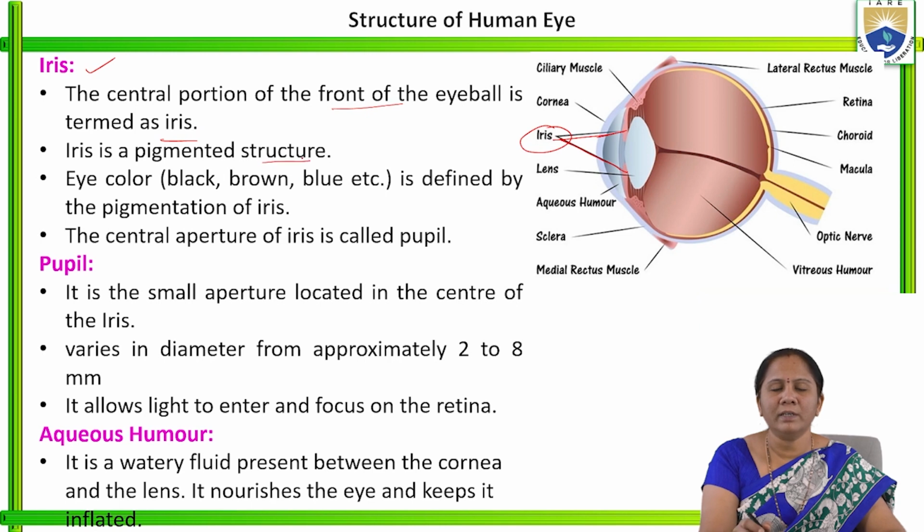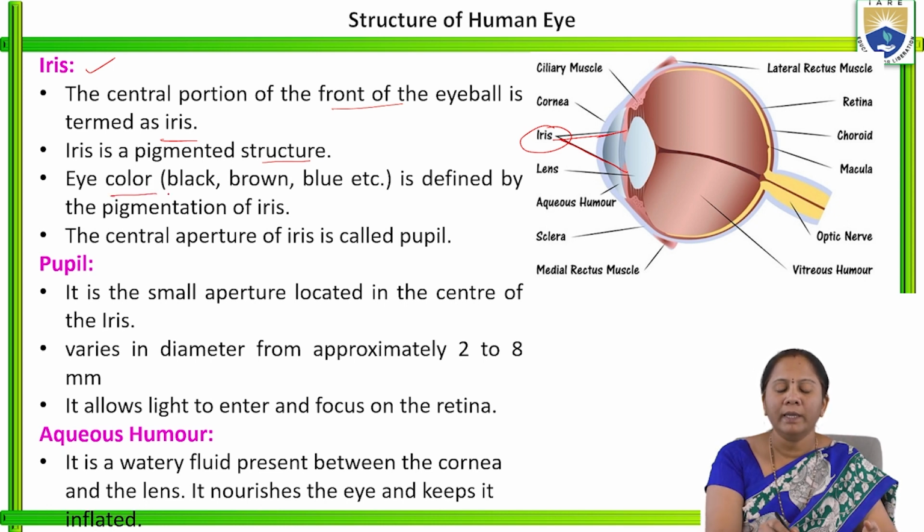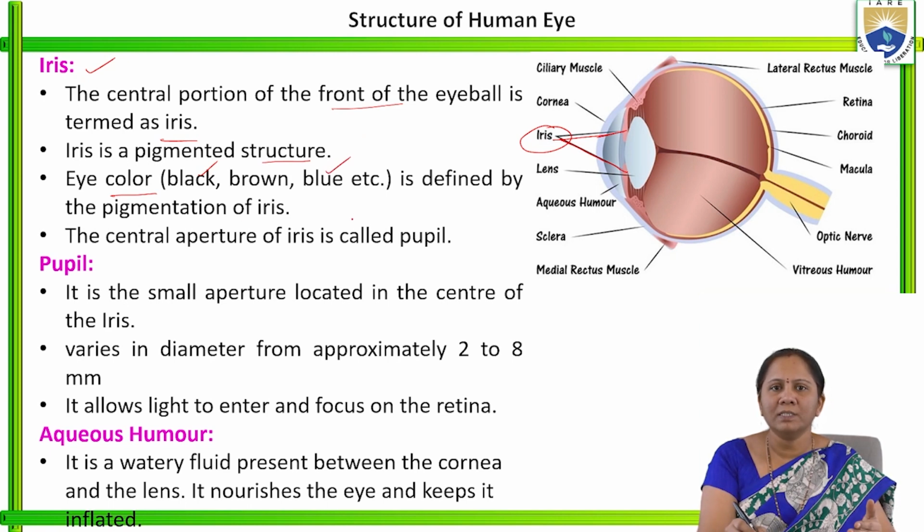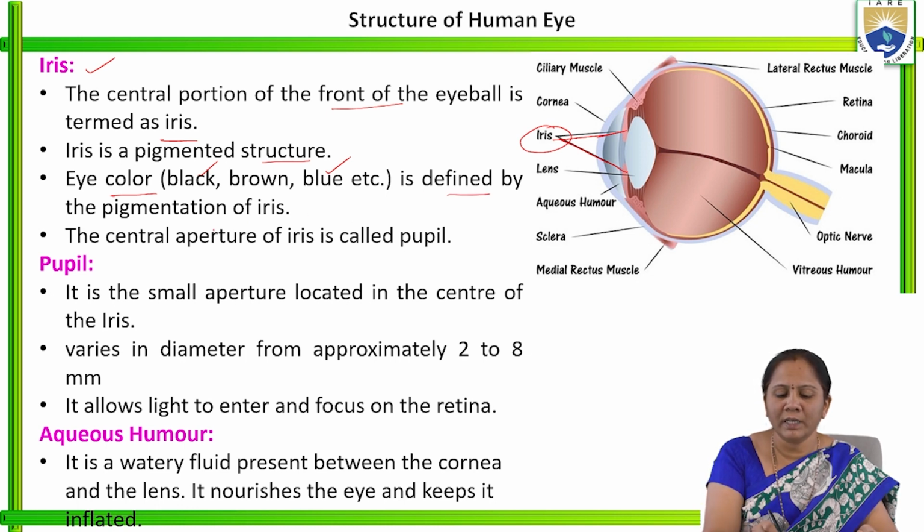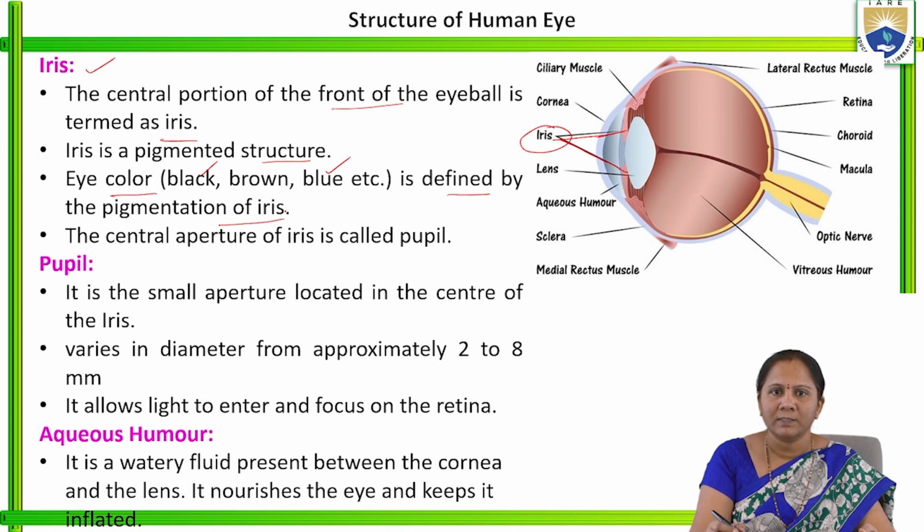Iris is a pigmented structure. Generally, all human beings do not have the same eye color. Some have black eyes, some brown, and some blue eyes. All these colors represent the color of the iris, defined by its pigmentation.